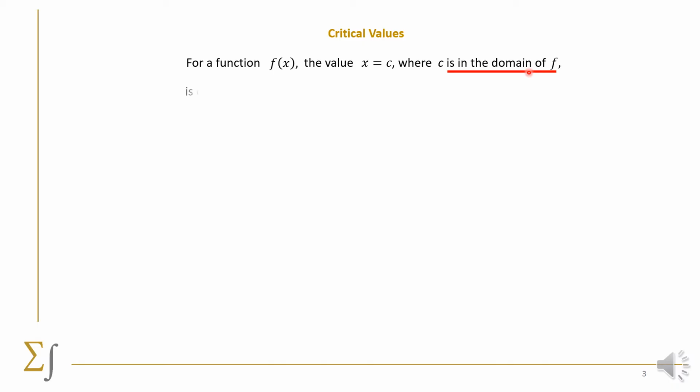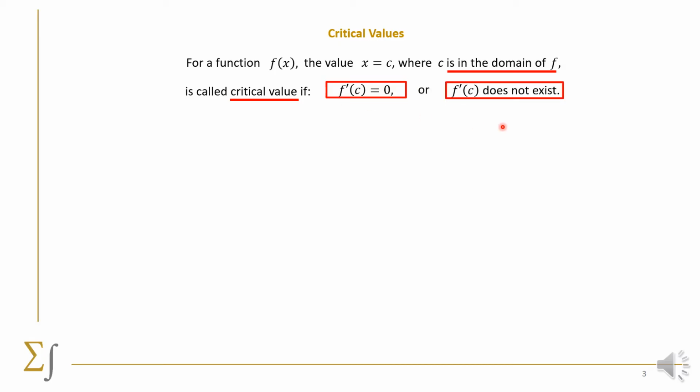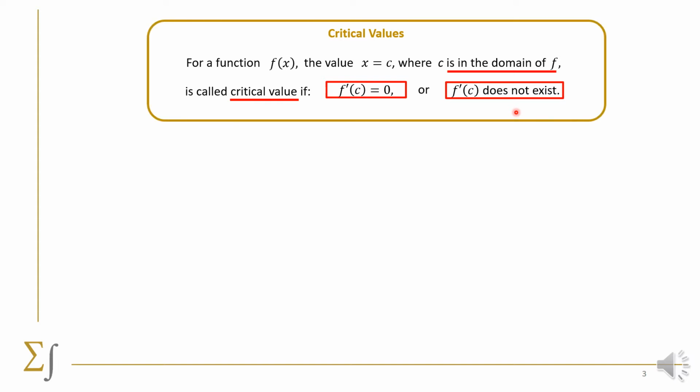We call it critical if one of two conditions happens. The first one, if c makes the first derivative equal to 0, or if c makes the first derivative undefined, not existing.